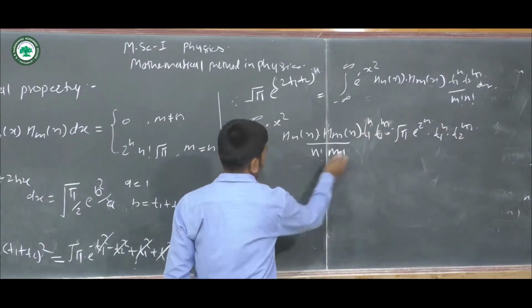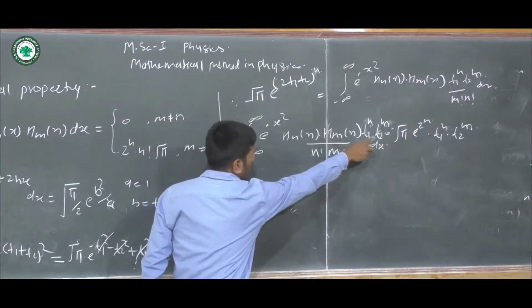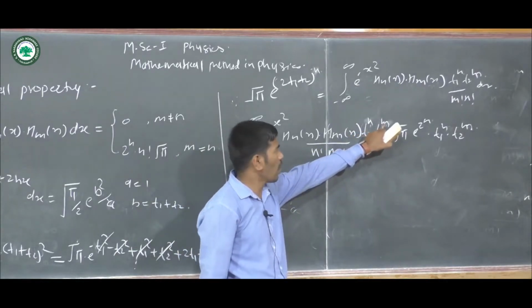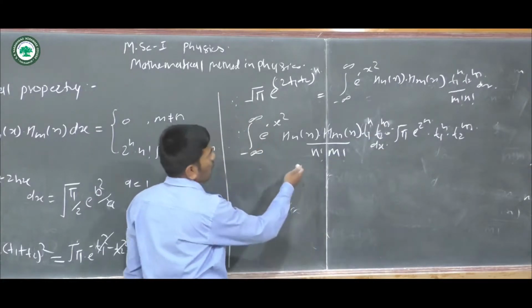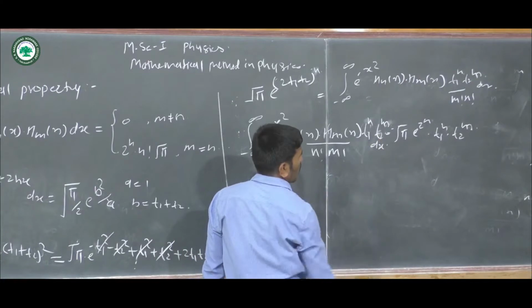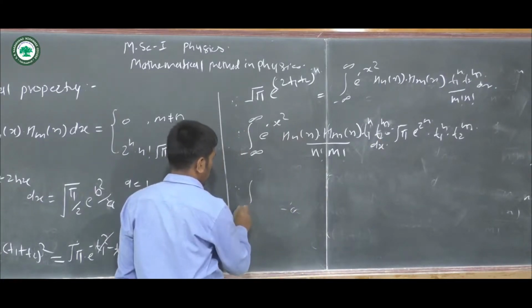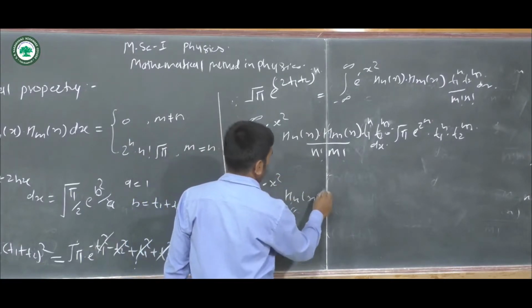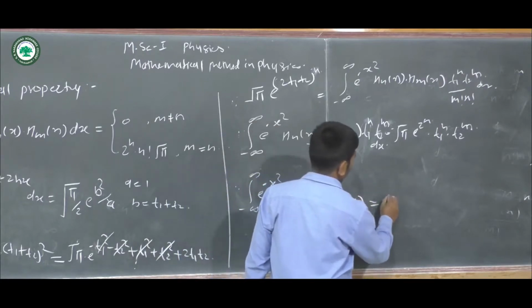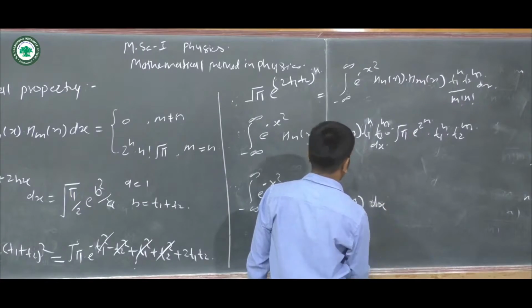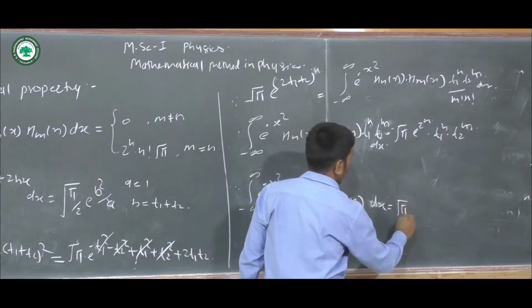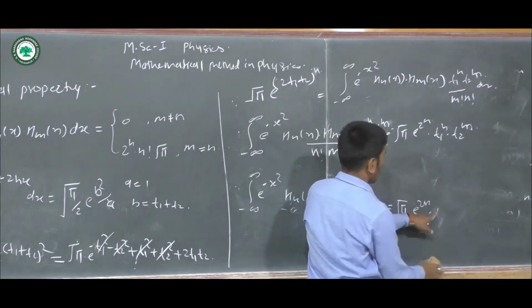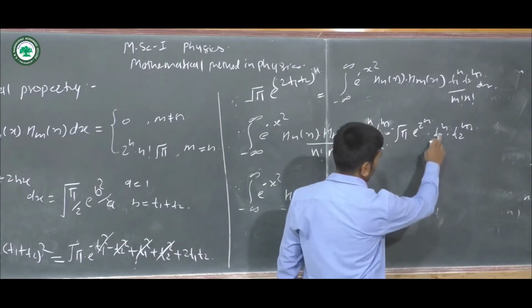Okay, so here if I put t1 power n equal to t2 power n into delta nm, then compare the coefficients of t1 power n and t2 power n, we get a relation: the integral from minus to plus infinity of e raised to minus x square H n x into H m x dx is equal to under root pi 2 power n into t power n.